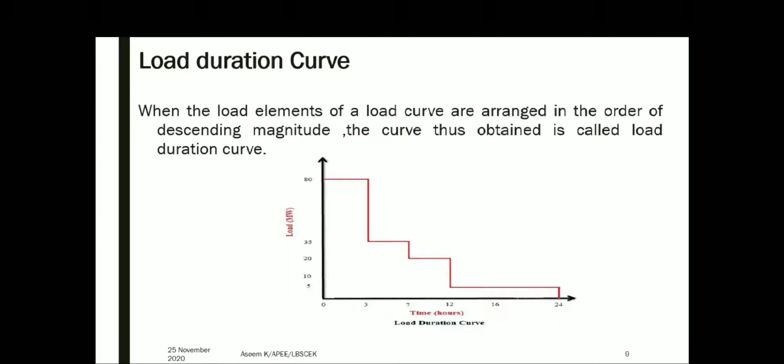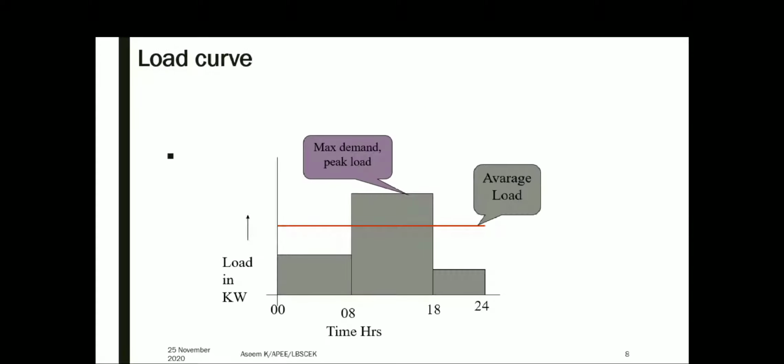Then another important curve is the load duration curve. When the load elements of the load curve are arranged in order of descending magnitude, the curve thus obtained is called load duration curve. The same curve that we drew here, you can draw in a descending manner of the load in a particular time period.